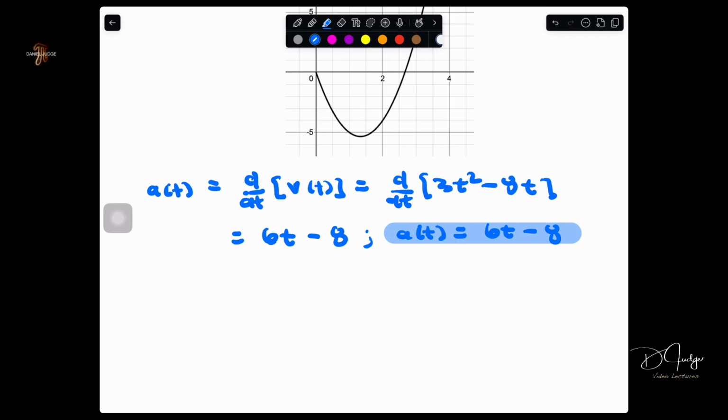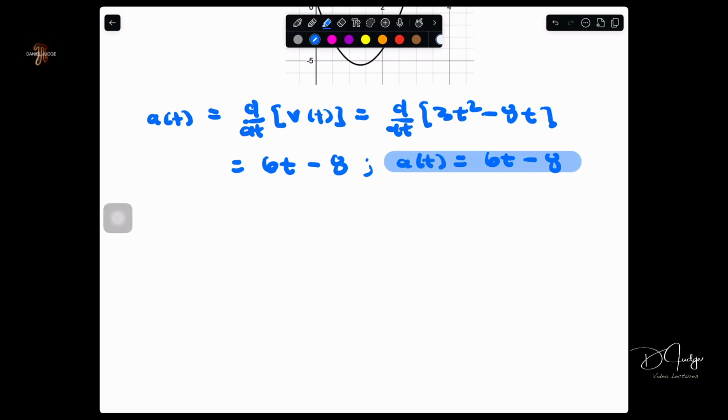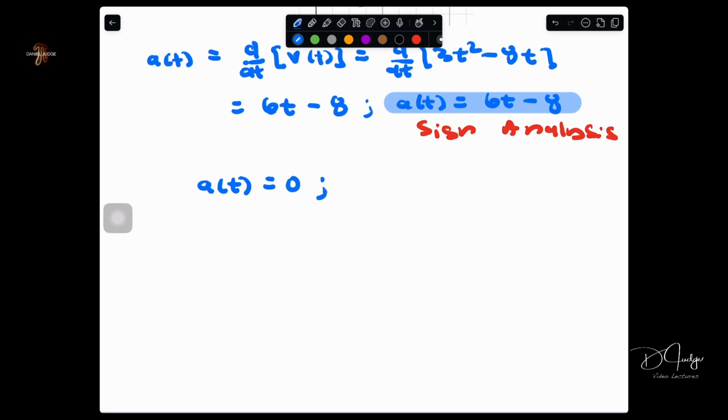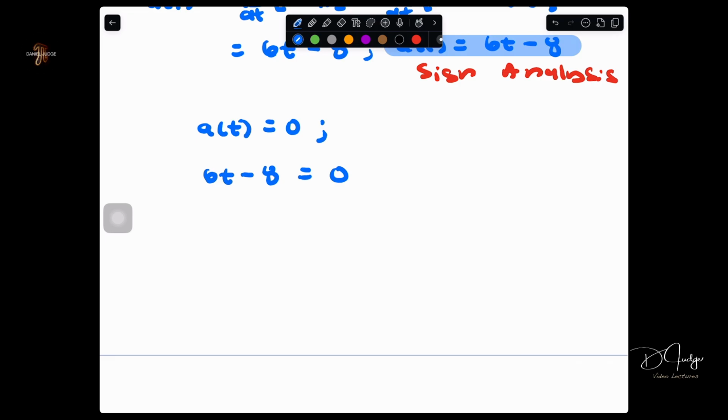And when there's no push or pull, what they mean by that is simply perform sign analysis on your acceleration function. So we start by letting that acceleration be 0. This is also, by the way, when you have velocity being a constant. Constant velocity gives acceleration is 0. So we can solve this for t now. That's what we want to do.